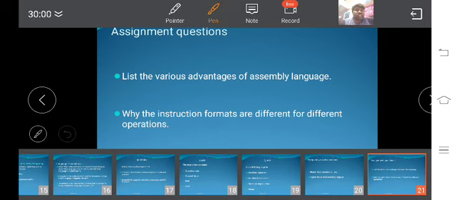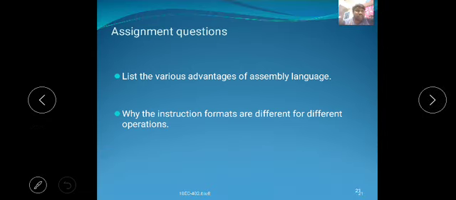List the various advantages of assembly language. Why are instruction formats difficult for different operations. These are the assignments for the students.